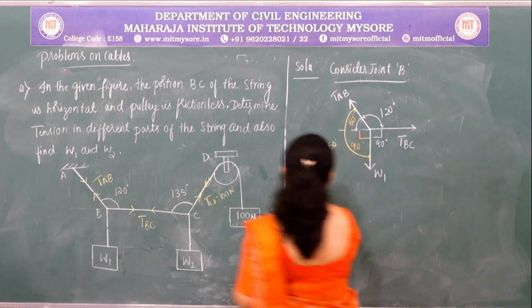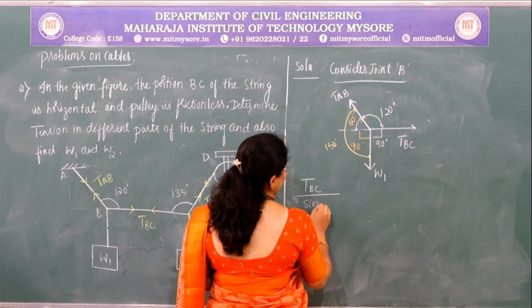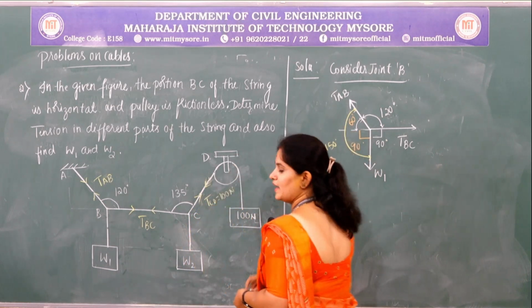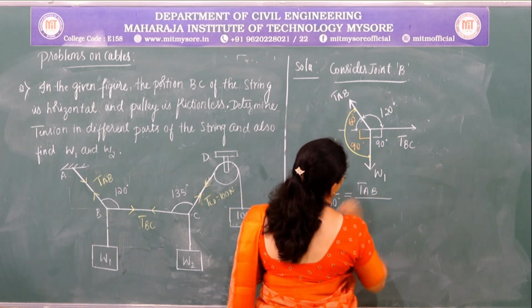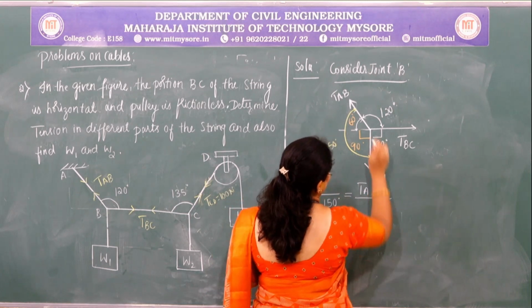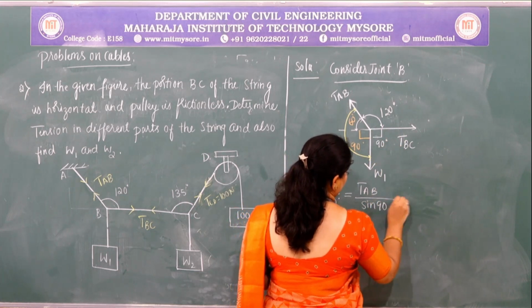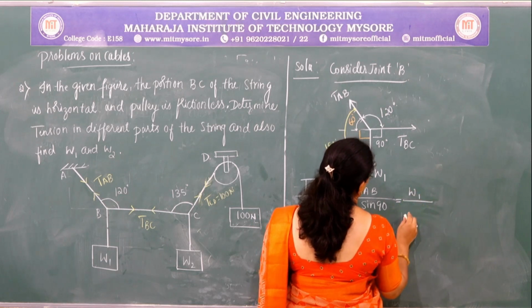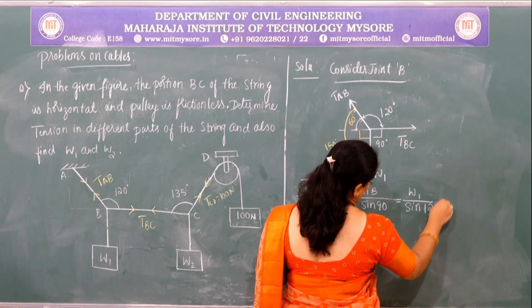So TBC divided by sine of the angle between the other two, 150, and TAB divided by sine 90, is equal to W1 divided by sine 120.